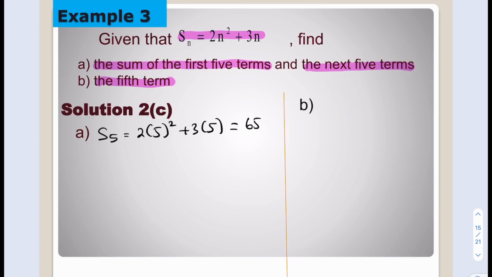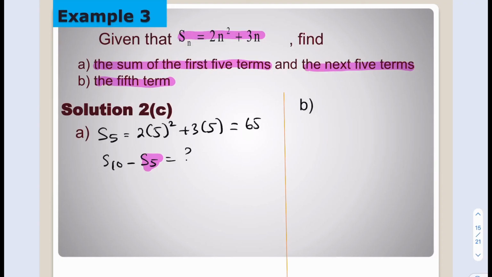And then, after that, you need to find the sum of the next 5 terms, meaning that you need to find S10 minus S5 equals to question mark. Since we already have our S5, now you need to calculate your S10 first.